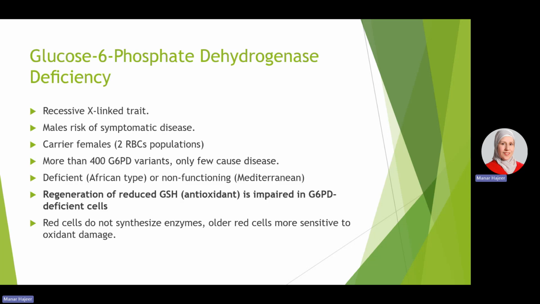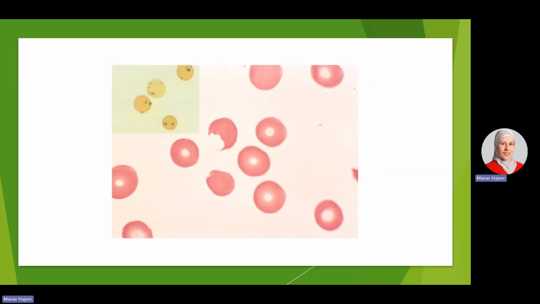So, as I said, these patients mainly have a deficiency of the enzyme needed to regenerate the reduced form of glutathione. This will lead to oxidant stress induced damage. As you can see here, these are the red blood cells with Heinz bodies in the cytoplasm, and these are the bite cells after their passage through the spleen.